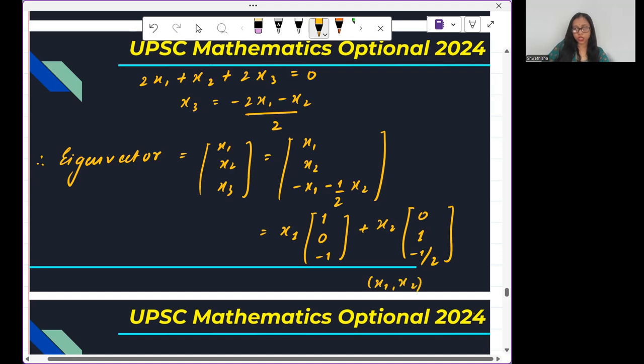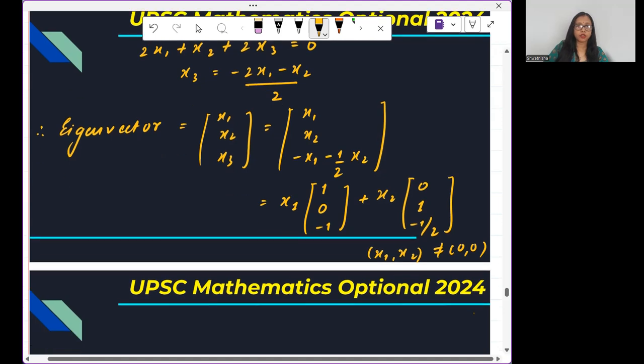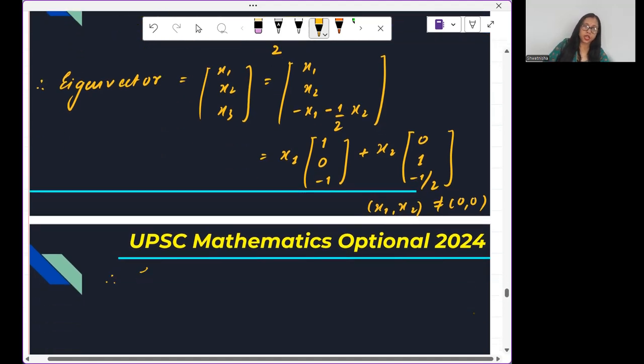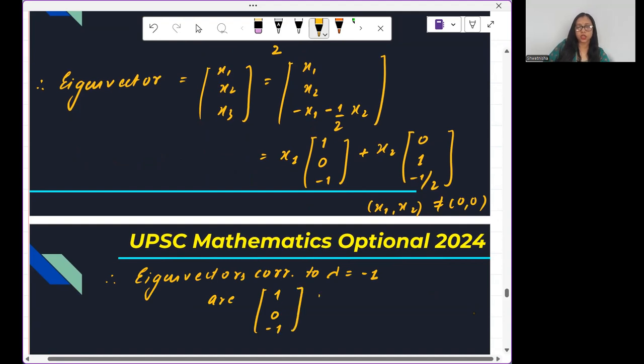x1, x2 cannot both be 0. Therefore, the eigenvectors corresponding to lambda equals minus 1 are (1, 0, -1) and (0, 1, -1/2), and these are the two eigenvectors.